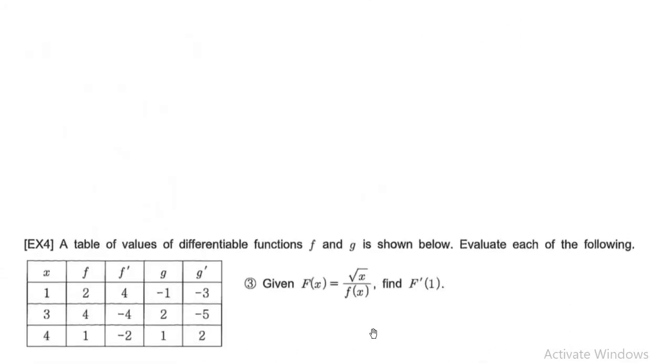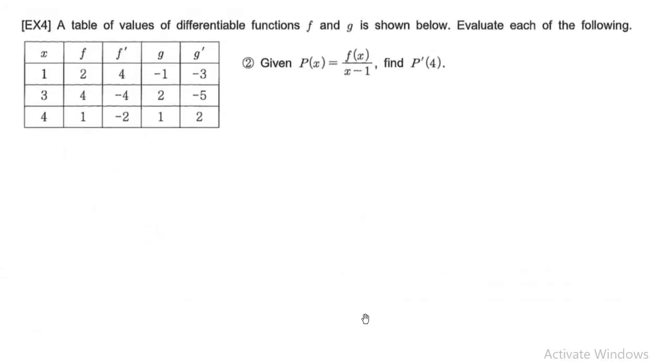So same kind of problem where you're given the table, and you're just given a different function this time, p of x, and I need to find the derivative value when x equals 4 in this case. Alright, so let's go ahead and find the derivative here.